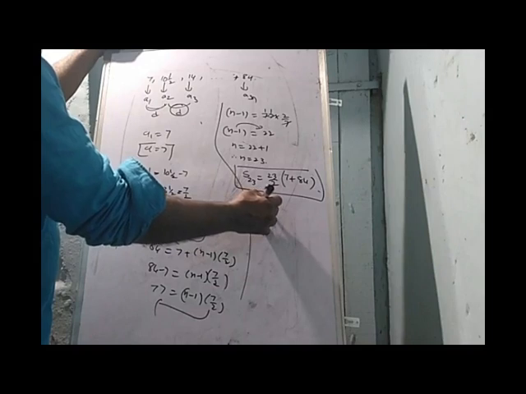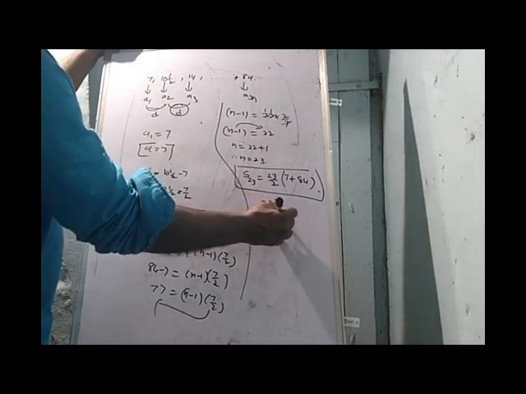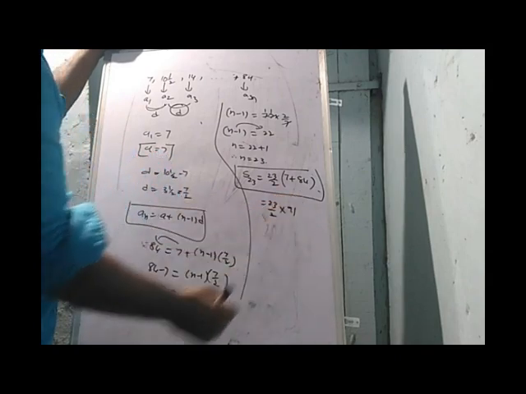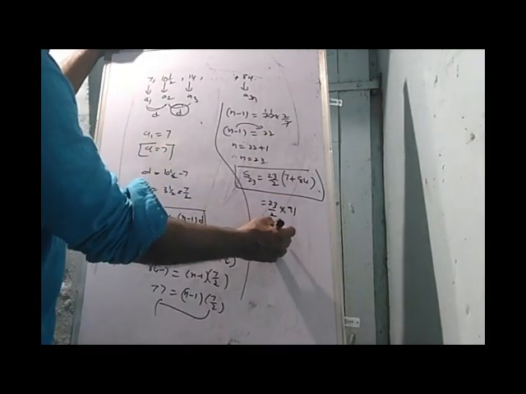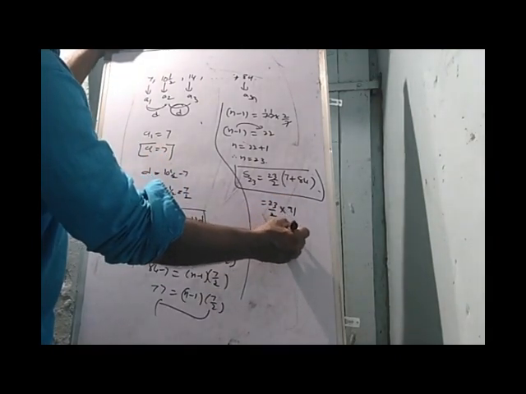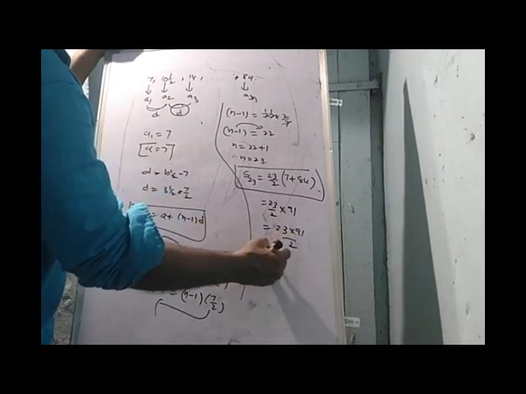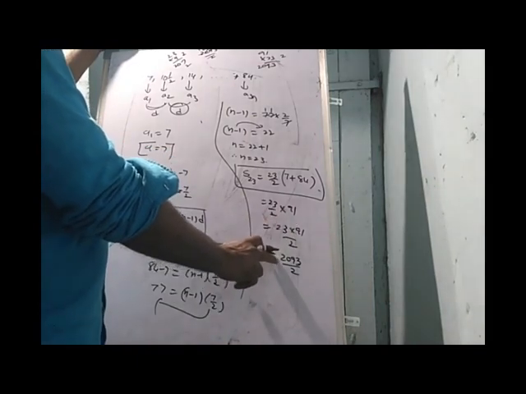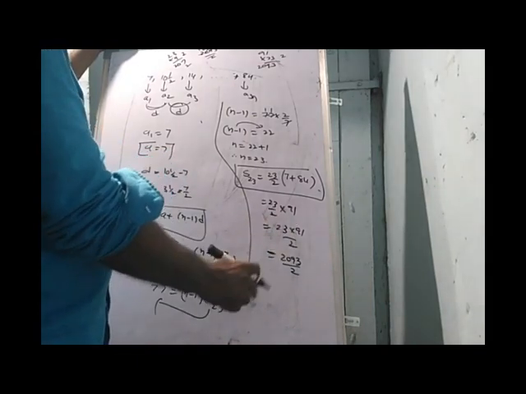23 by 2 into, and here 91. The result is 23 into 91 by 2. So when you multiply 23 into 91, 2093 by 2.